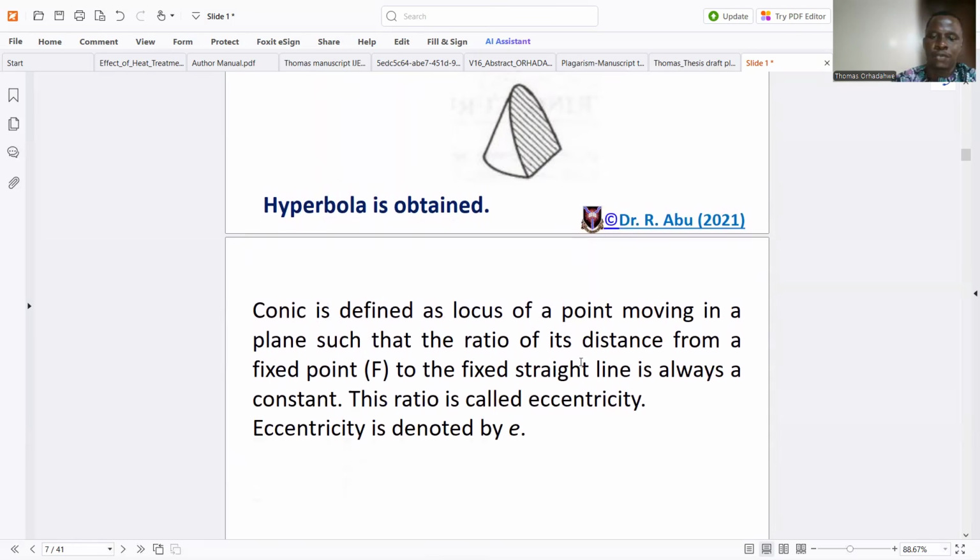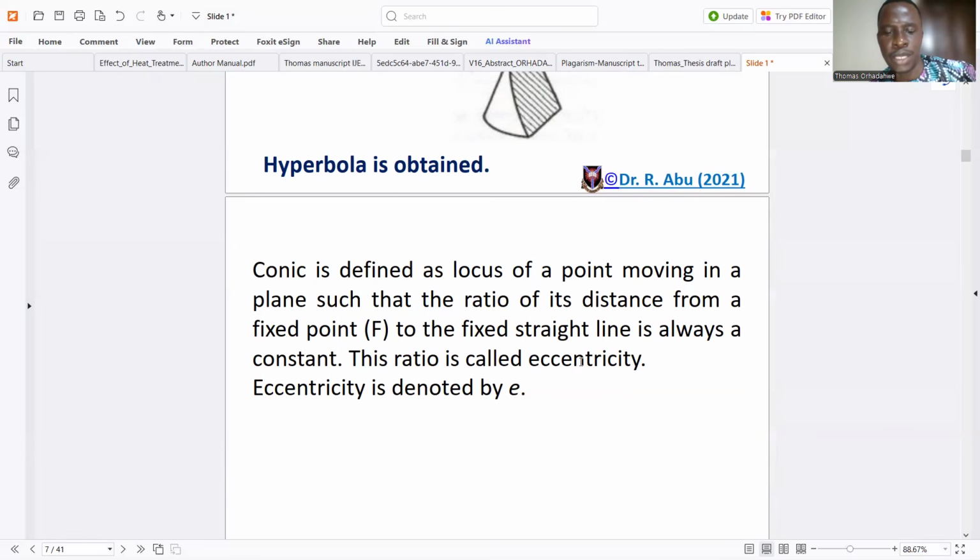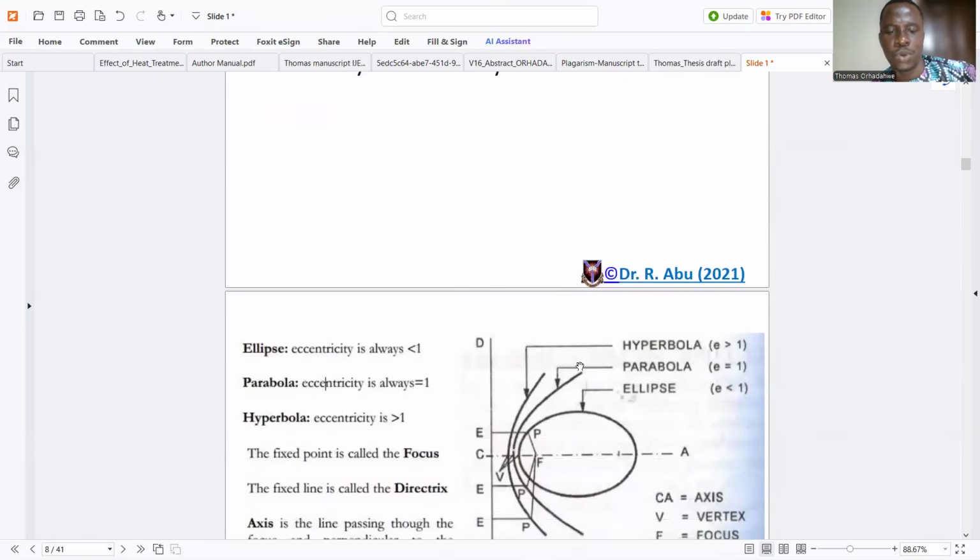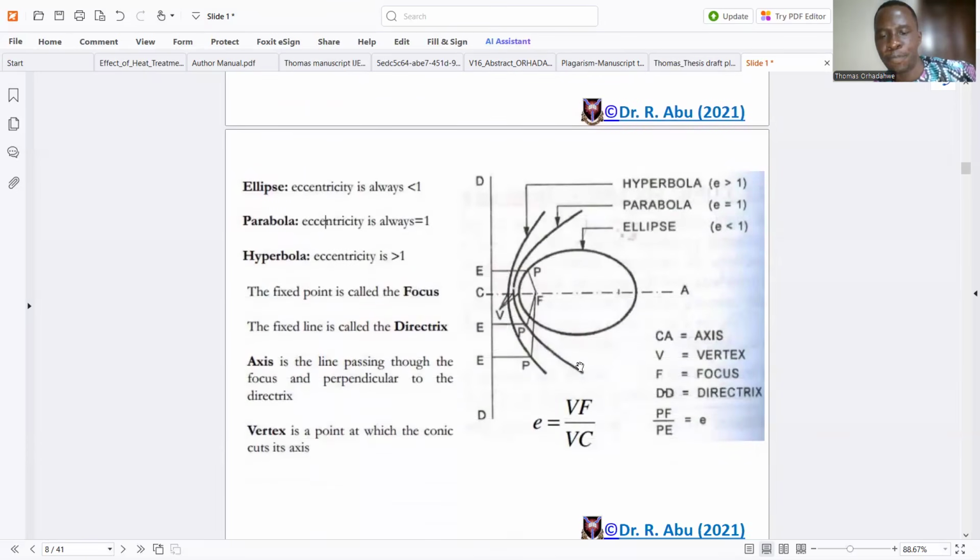So basically, a conic is defined as the locus of a point moving in a plane such that the ratio of its distance from a fixed point F to a fixed straight line is always a constant. That ratio is called eccentricity. So there is a fixed point F and a straight line DD.